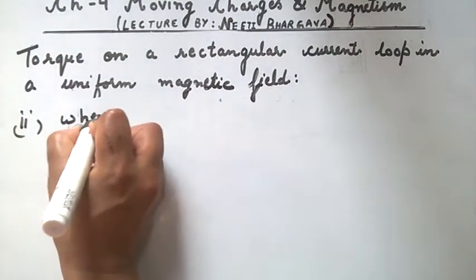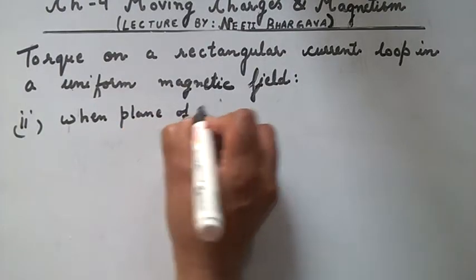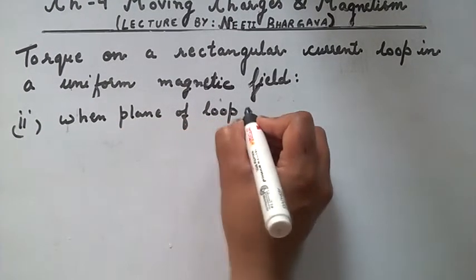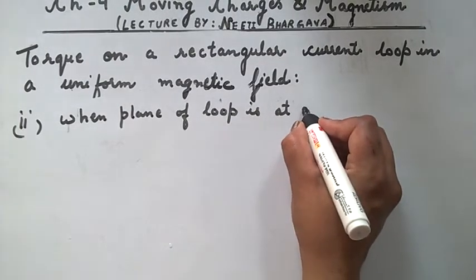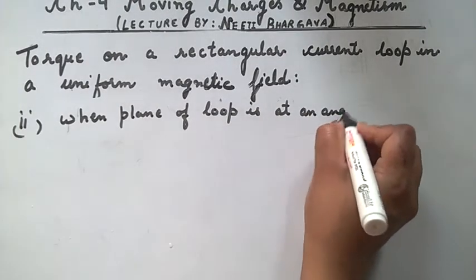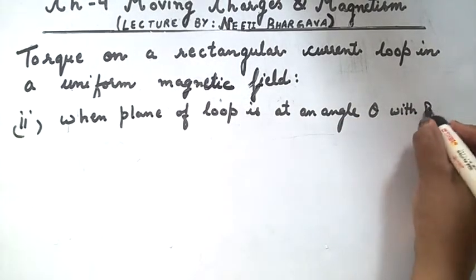When the plane of a loop is at an angle theta with the magnetic field, which is a uniform magnetic field.